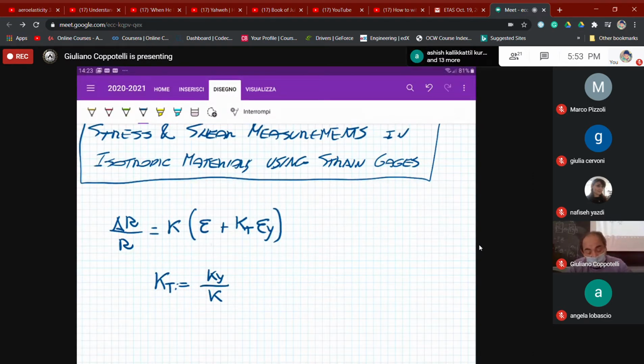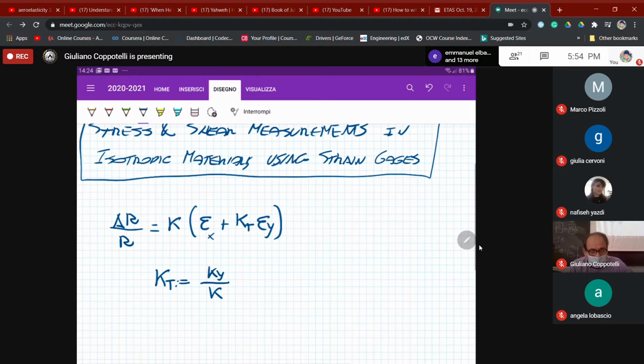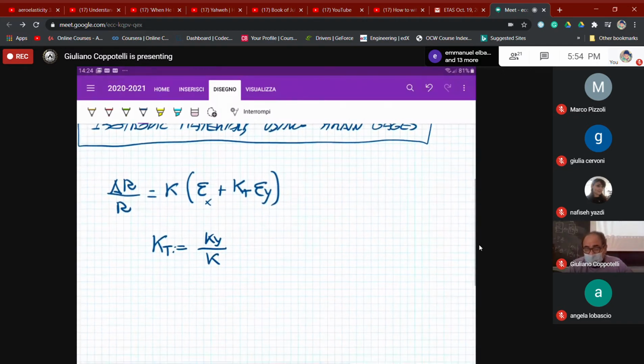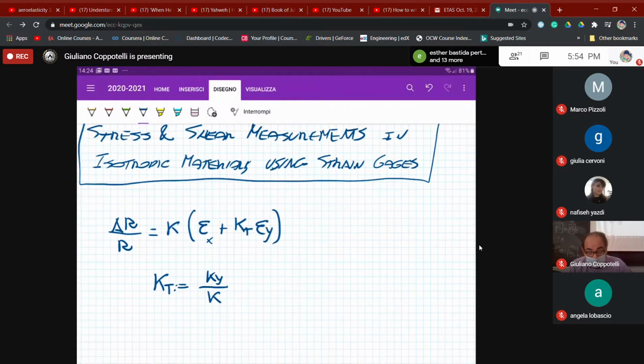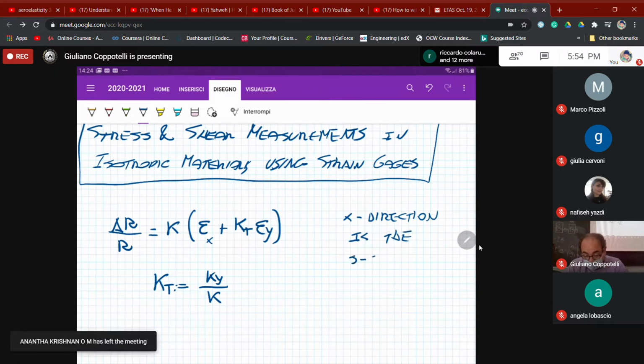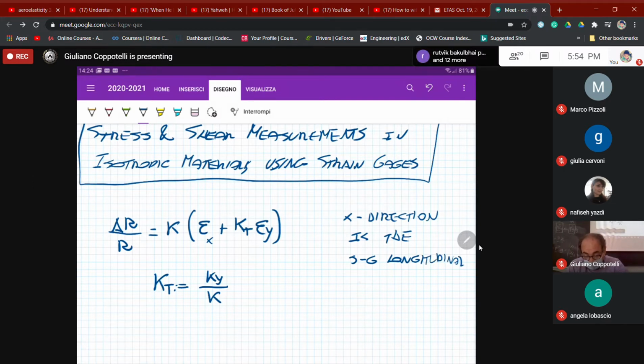So let me add this x here, so that we can say that the x measuring direction is the strain gauge longitudinal direction.